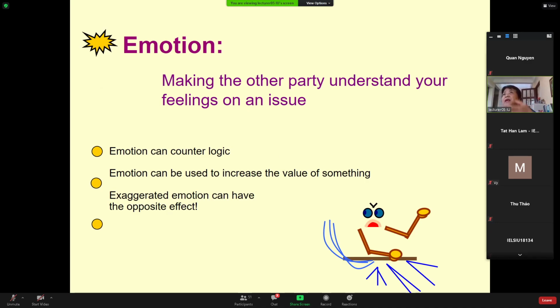The issue could be pricing, scheduling, quality, etc. So with emotion, we help the other party understand your feeling about the issue. And emotion can counter the logic. Emotion can be used to increase the value of something, and exaggerated emotion can have the opposite effect. Remember.